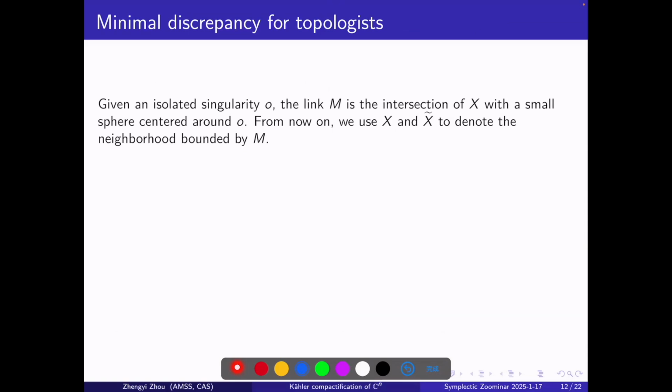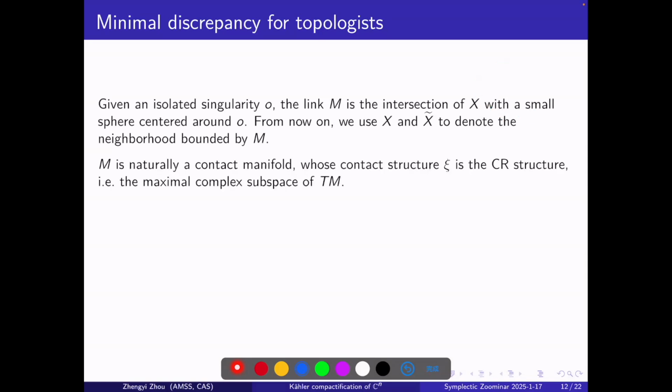So this link is, first, you can embed this X into some big Cn, or just a neighborhood of this O. And then you intersect this X with a very small sphere that will give us this link M. And from now on, I will not care about the topology of X or X tilde outside this neighborhood.